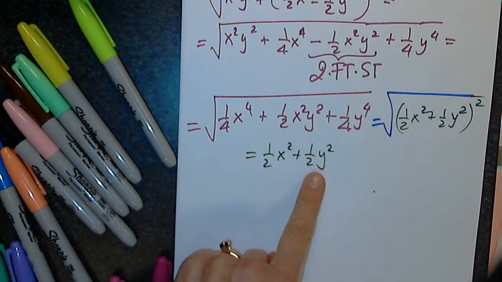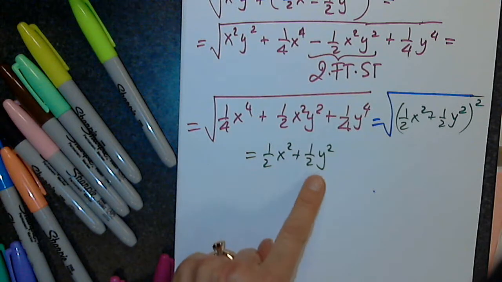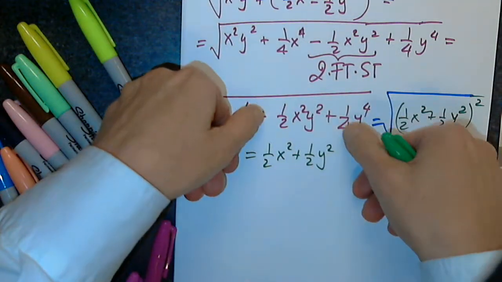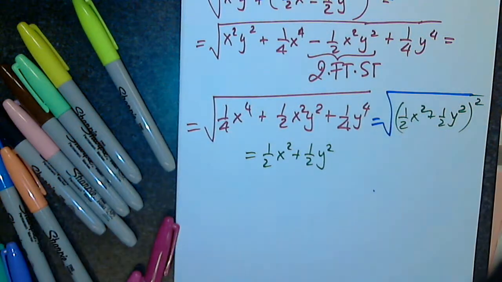Positive. And if we add two positive quantities, what kind of quantity will we always get? So do we need to put an absolute value on a positive quantity? No.